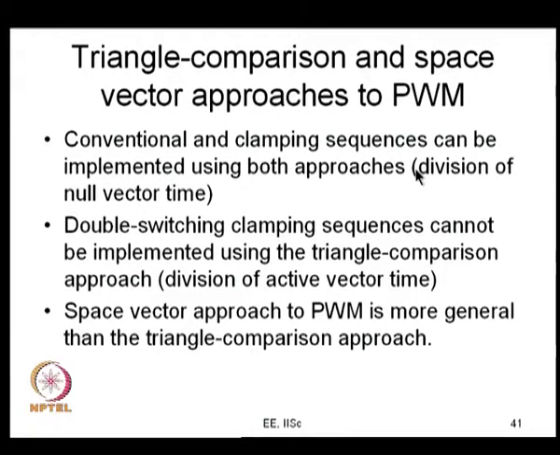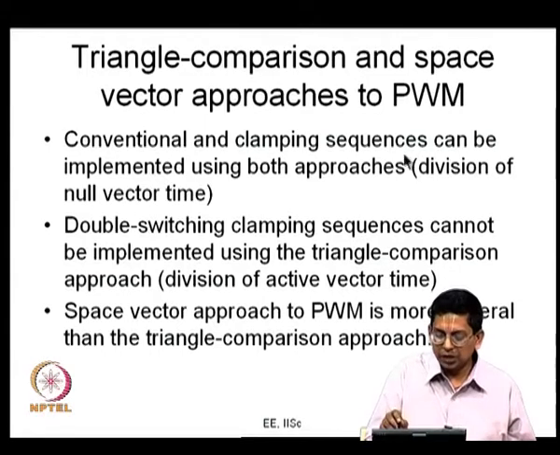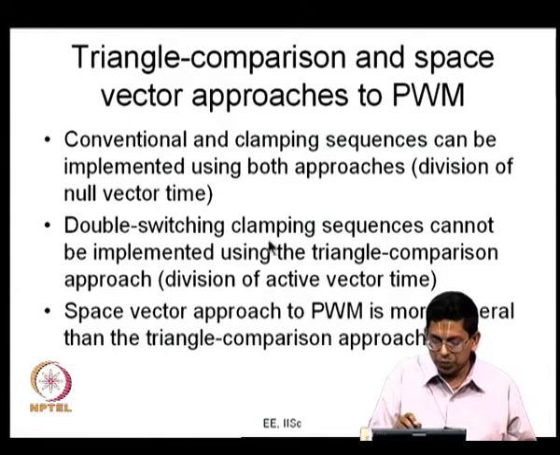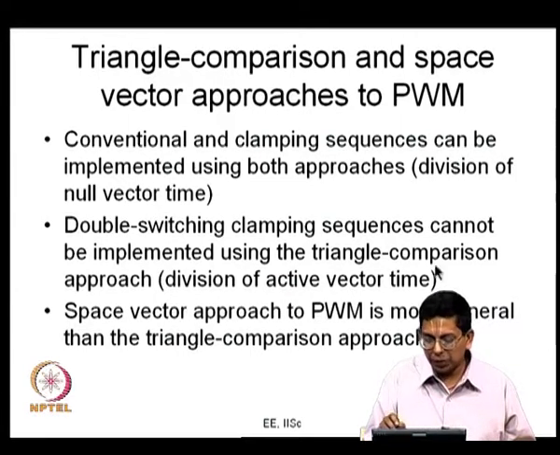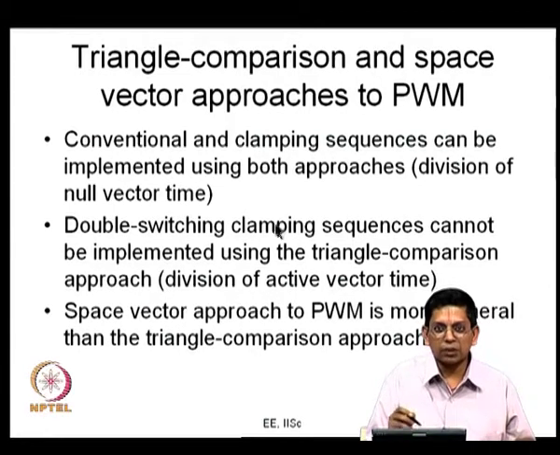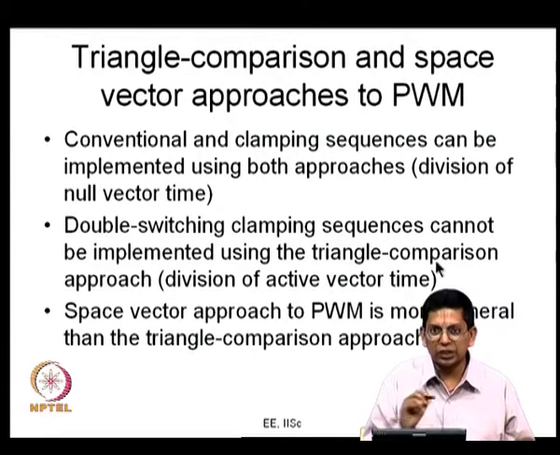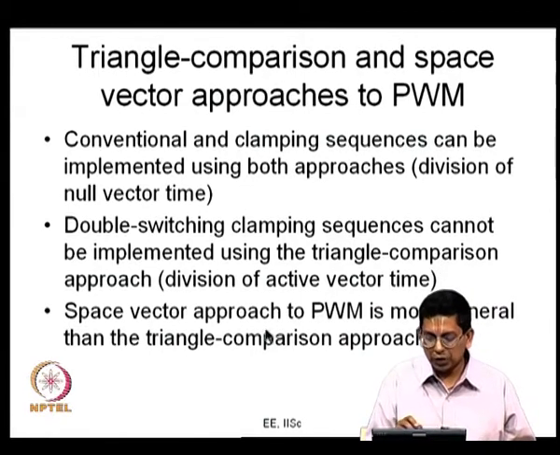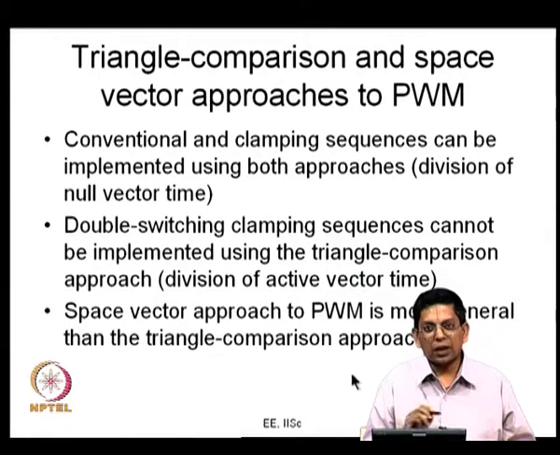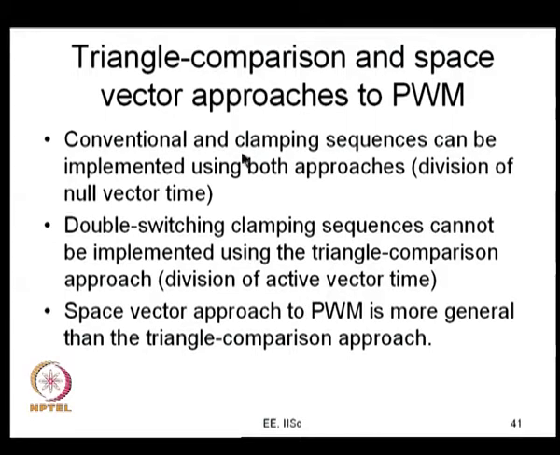Conventional and clamping sequences, many sequences are possible using both approaches, and division of null vector time is what is essentially done here. Whereas double switching clamping sequences cannot be implemented using the triangle comparison approach. This involves division of active vector time, and the active vector is applied more than twice. This is possible only using the space vector approach. Thus, the space vector approach is more general than triangle comparison because it can implement conventional clamping and also double switching clamping sequences, whereas in triangle comparison double switching clamping is not possible.